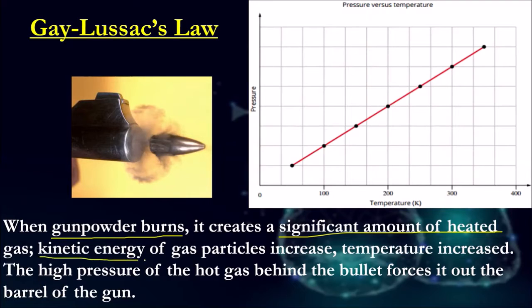So if it becomes excited, there's more kinetic energy for our gas particles, and that leads to an increase in temperature. So now that our gas particles have an increase in temperature, that means, according to what we said with Gay-Lussac's law, an increase in the temperature will lead to an increase in the air pressure inside the nozzle of the gun. So we have a higher pressure of hot gas.